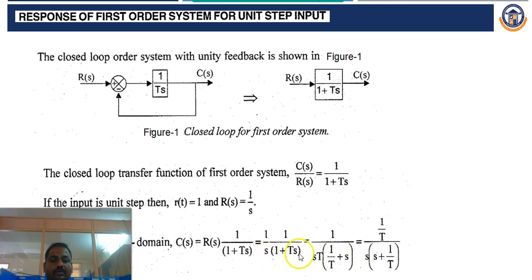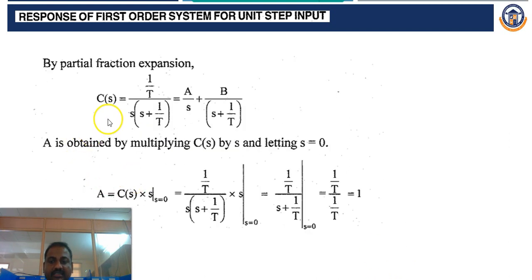Again, you have to take out the term capital T as a common term, so at last we get 1 by capital T divided by s into s plus 1 by T. So by partial fraction, C of s is equal to 1 divided by T times s into the bracket s plus 1 by capital T. We take partial fractions because we have two terms, therefore A divided by s plus B divided by s plus 1 by T. A is obtained by multiplying C of s by s and letting s equal to 0, so A is equal to 1.